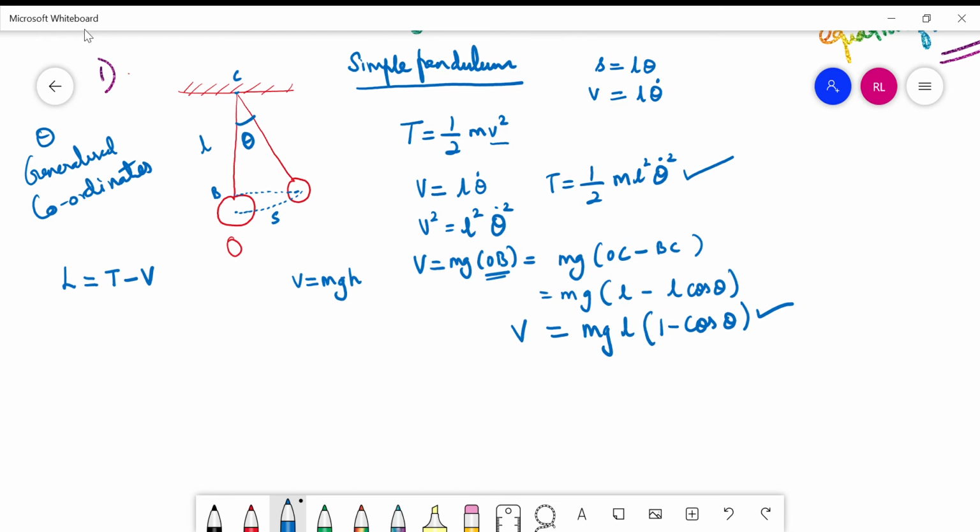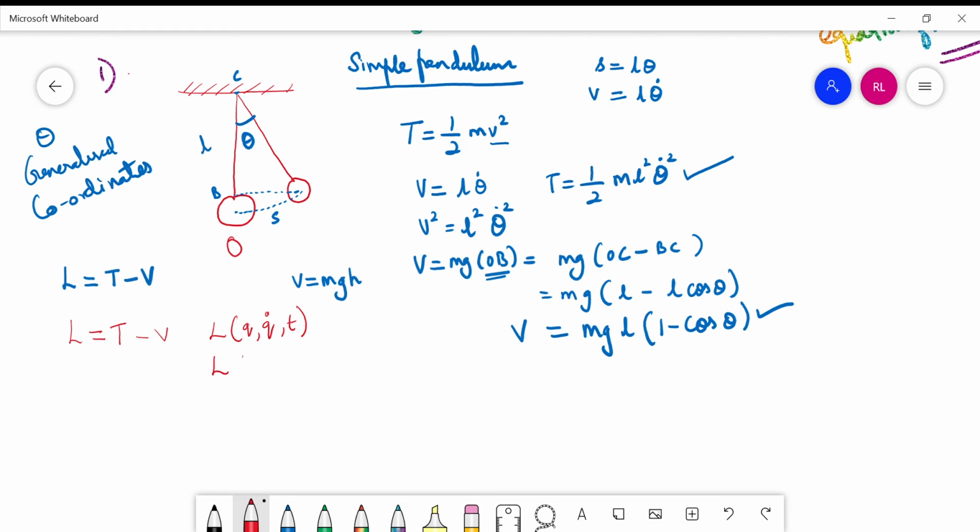Now we can write the Lagrangian. The Lagrangian L is equal to T minus V. As you know, L is a function of q, q dot, and t. Here q is the generalized coordinate, q dot is the generalized velocity, and t is the time.